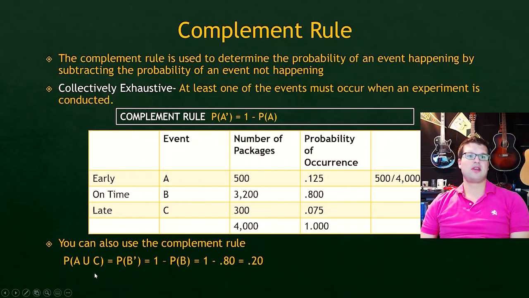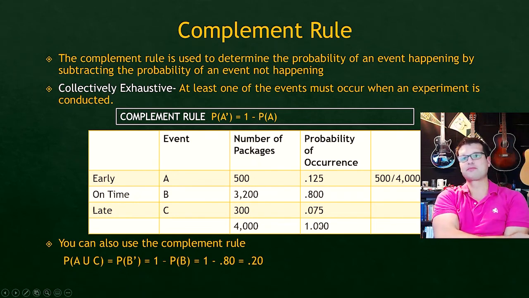What's the probability of A or C occurring? It is the probability of B not occurring. So in other words, if you're trying to find the probability of A or C, you could essentially just say what's the probability of B not occurring. So you could do 1 minus 0.8, which gives you the same as the probability of A plus C, or A or C, because these are mutually exclusive. Cool.